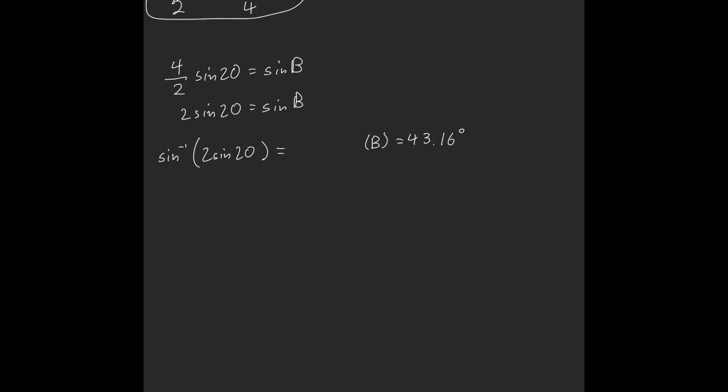And sometimes with trig problems, this will happen, because you're not sure what shape the triangle would take until you've figured out a second angle. So in this case, if the first angle was 20 degrees, and this is angle A, and the second angle is 40-something degrees, then the triangle would look like this, curving inwards. So B is 43.16 degrees.